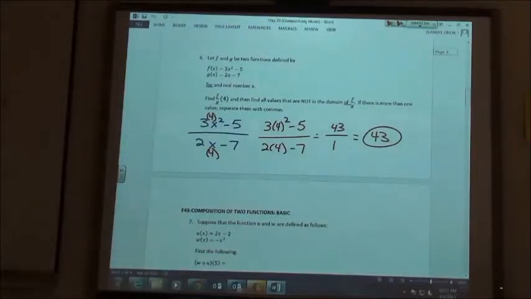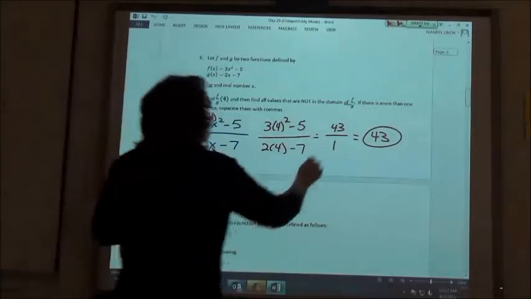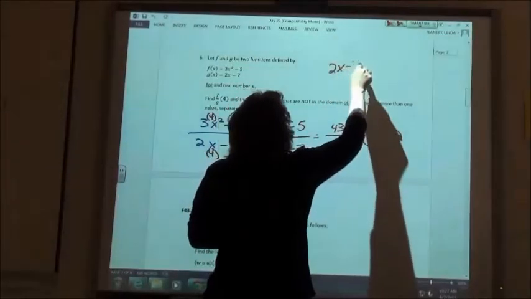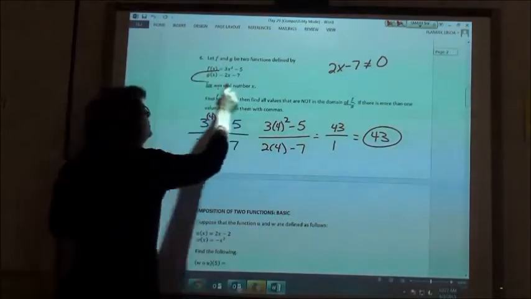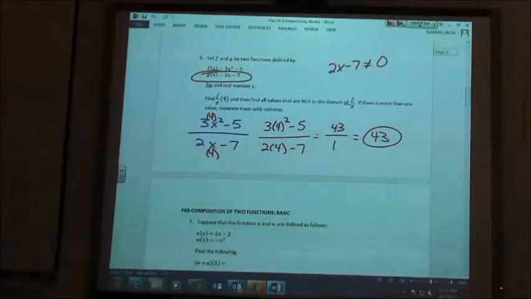Oh, okay, so now we're going to use 2x minus 7. Yes. So 2x minus 7 can't equal 0, right? We always use the bottom one because the bottom of our fraction can't equal 0.